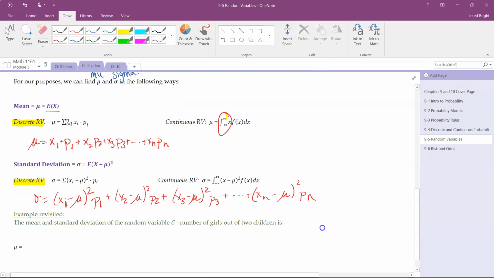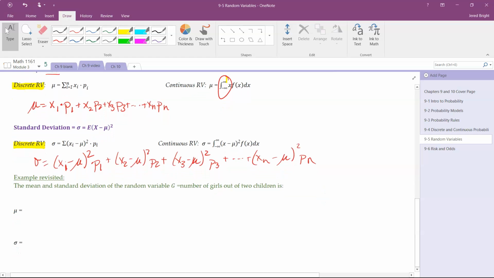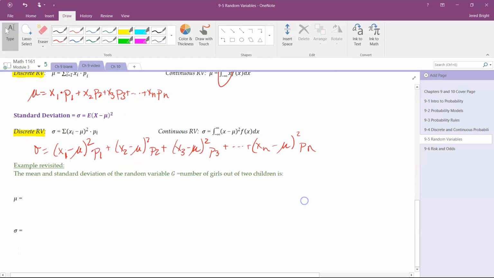Then for our probability model that we saw above, to compute its mean and standard deviation, I would take the observation, so 0 was the first observation, times its corresponding probability. 0 girls occurs with 25% probability. Add that to 1 girl times its corresponding probability.